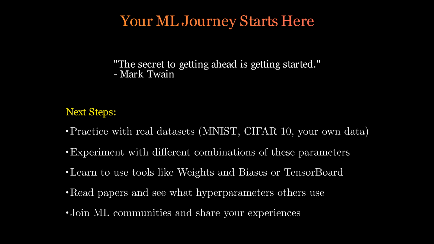Start with sensible defaults, experiment systematically, and don't be afraid to make mistakes. They're how you learn. The future of AI is built one epoch at a time, one batch at a time, one learning rate adjustment at a time. Your models are waiting to be trained.